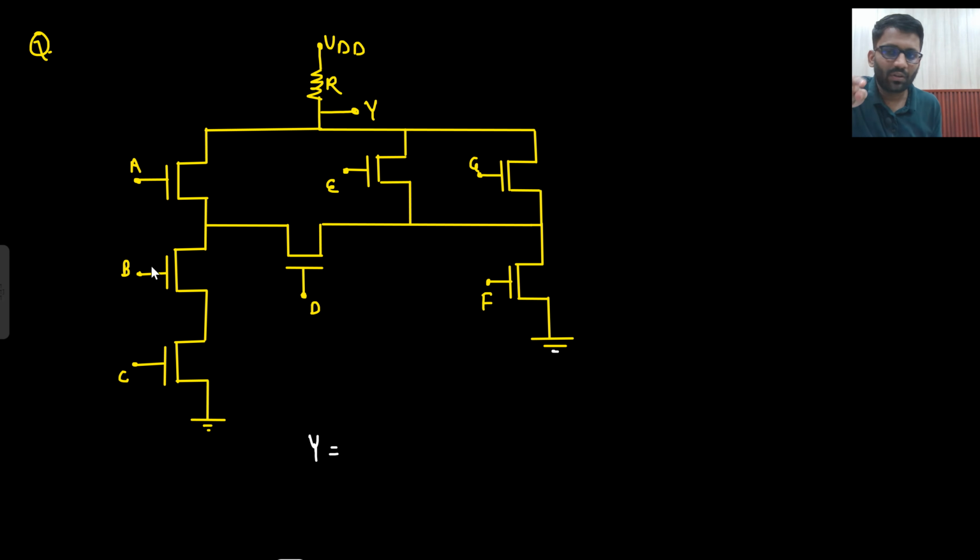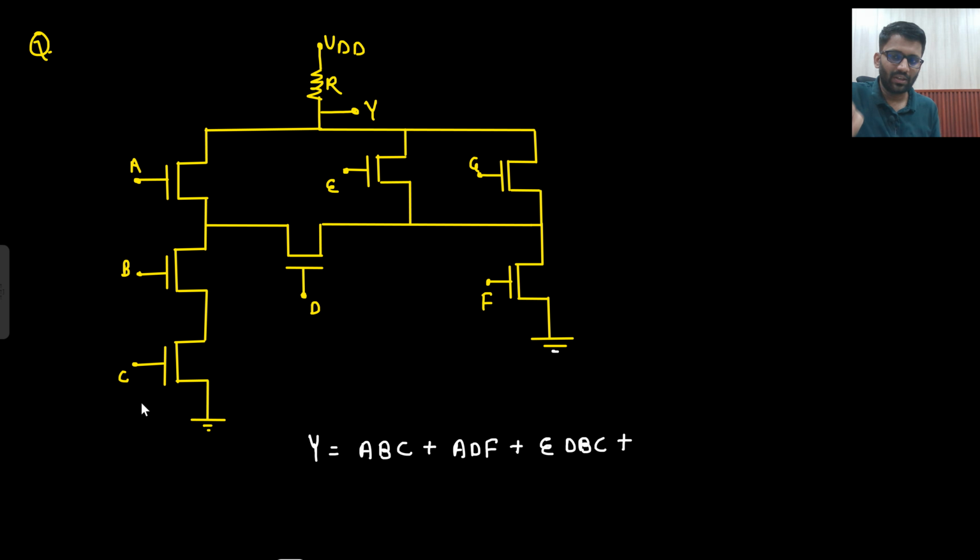Basically, if A is on, B is on and C is on, then certainly Y will be 0. So if A is 1, B is 1 and C is 1, then Y will be 0. Or if A is 1, D is 1 and F is 1, then Y will be 0. Or if E is 1, D is 1, B is 1 and C is 1, EDBC, then Y will be 0.